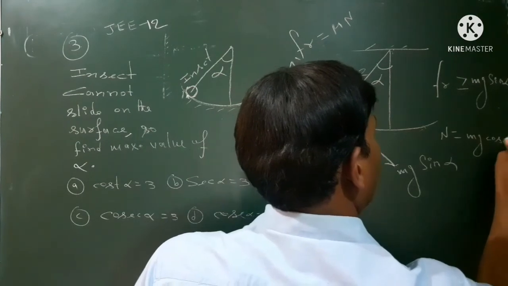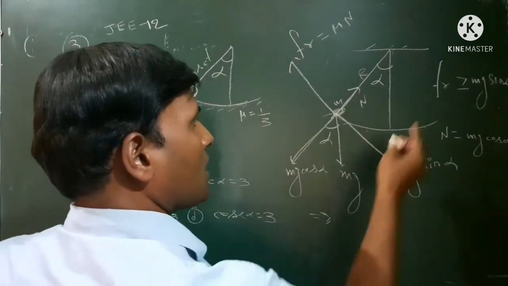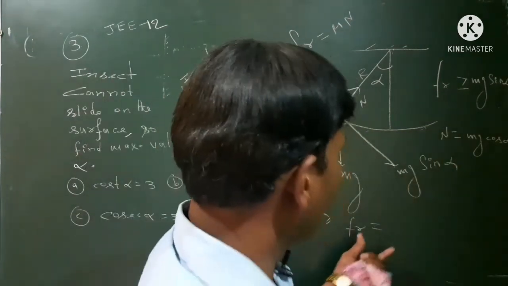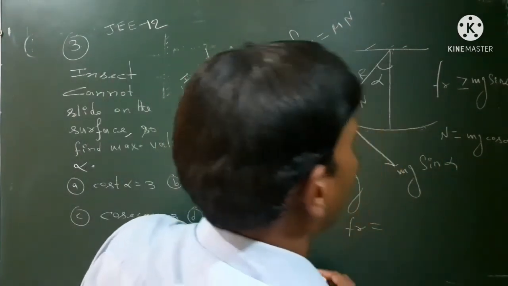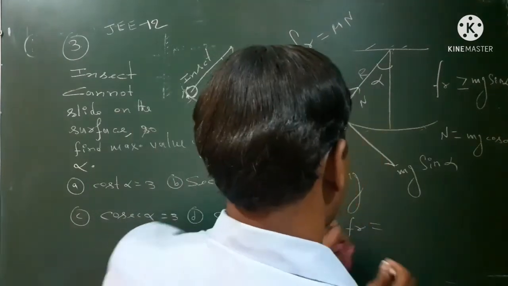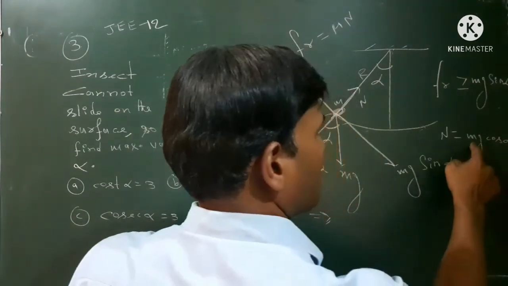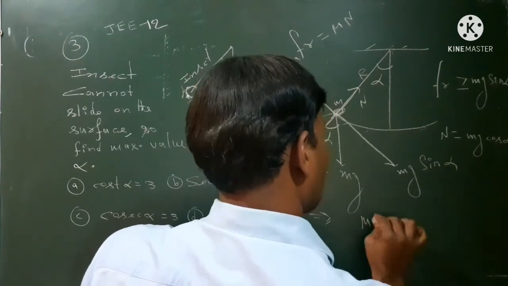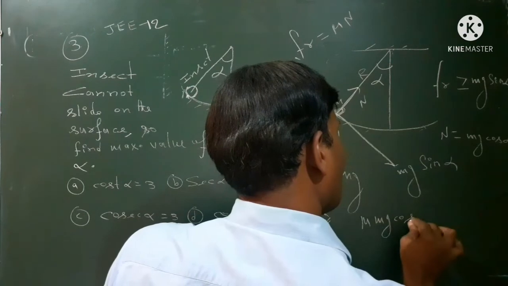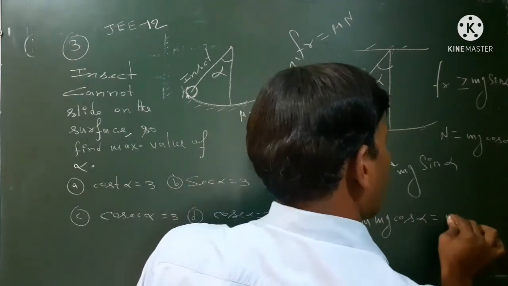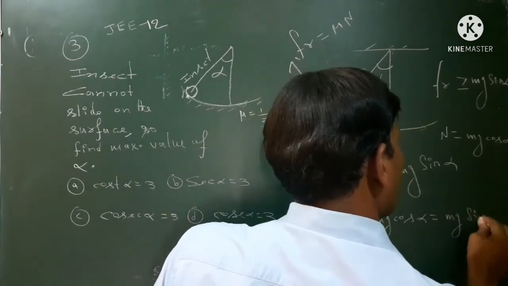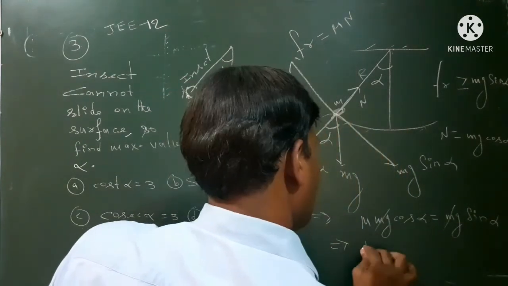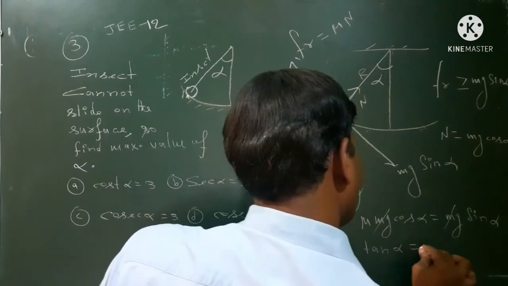On this basis we can find mu. N is equal to mg cos alpha, and for no sliding Fr is equal to mg sin alpha, which we can write as mu N. Putting mu mg cos alpha equal to mg sin alpha, mg cancels, so tan alpha is equal to mu.